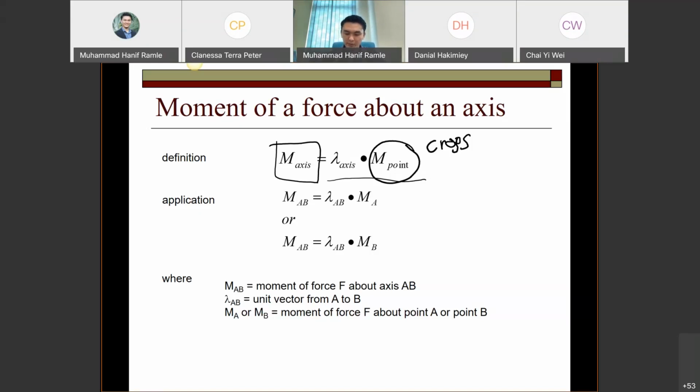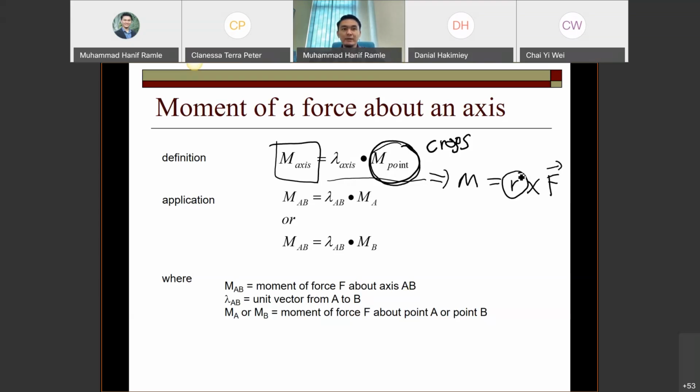And we do have this equation, r cross F.